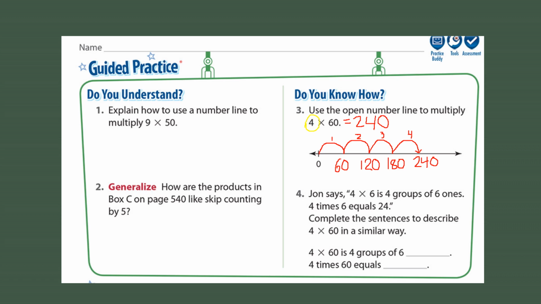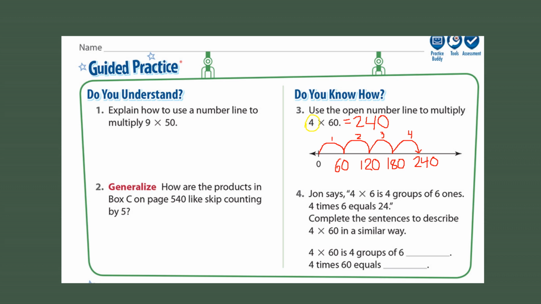All right. For number 4, it says, John says 4 times 6 equals 4 groups of 6 ones. 4 times 6 equals 24. Complete the sentences to describe 4 times 60 in a similar way. All right, 4 times 60 should sound familiar, and that was the previous problem.